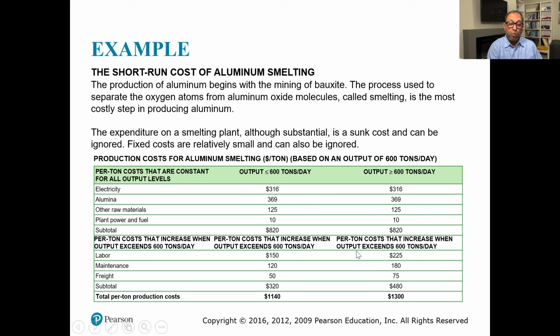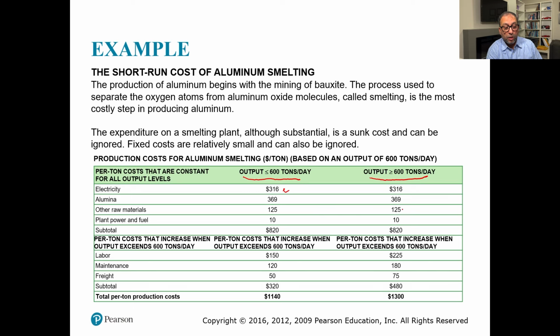Now, what is important to note here is there is a capacity, and that's what we call the short run. And if we want to go over and above capacity, then this is the situation. Electricity consumption is the same whether we are producing this much or more. Aluminum is the same. Other raw materials, plant, power and fuel, and we get a substantial subtotal.